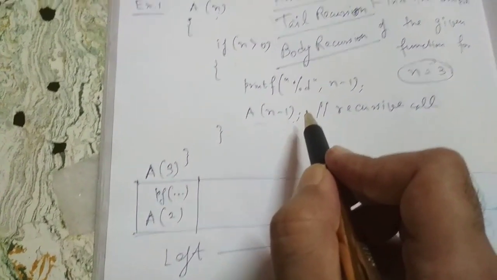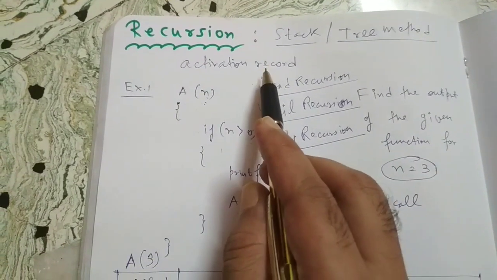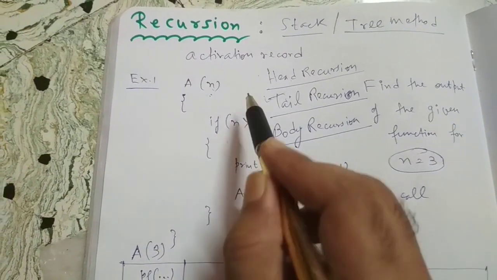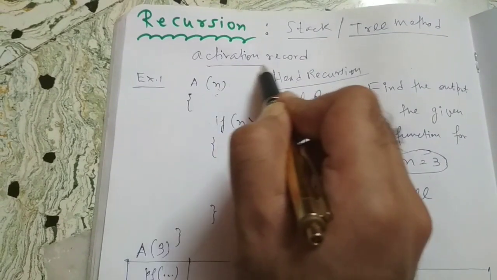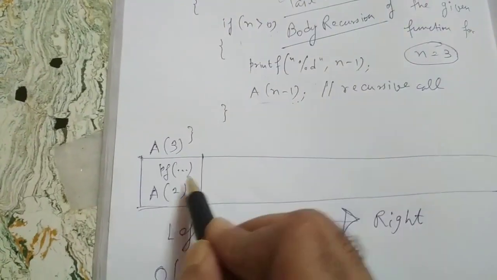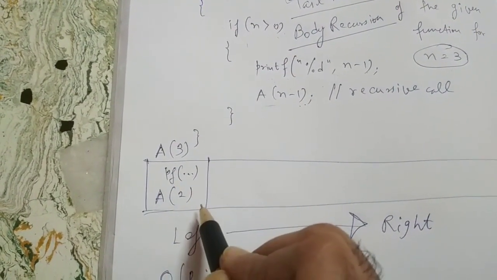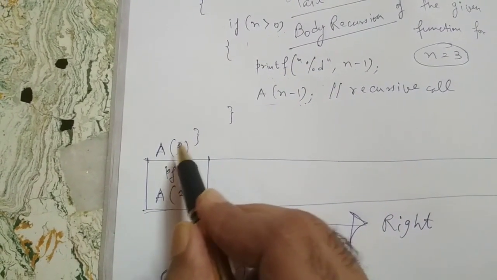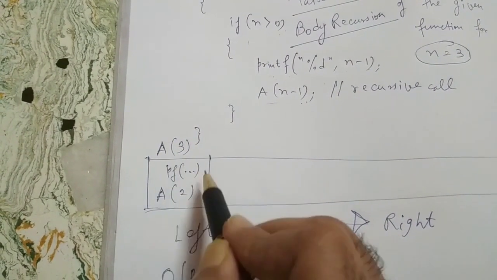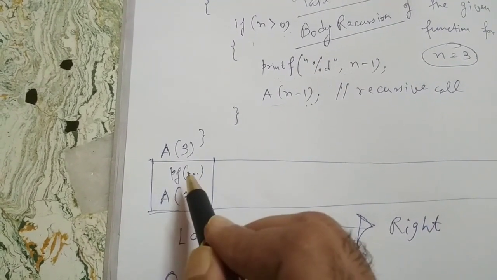Now what did I say at the beginning? I said that every time a recursive call is made, an activation record is pushed onto the stack. This is an activation record. See, I have made an entry for a of 3. So this entire thing is an activation record.